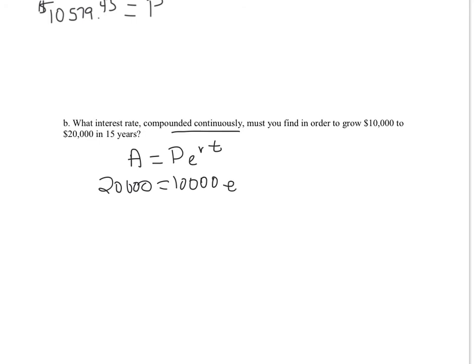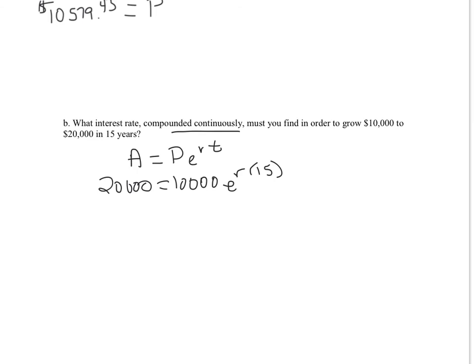E is a number, and my R is what I'm trying to find. So that's going to be the variable I will solve for. And T is 15.